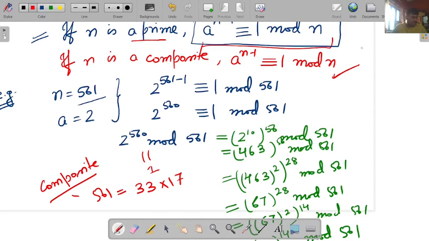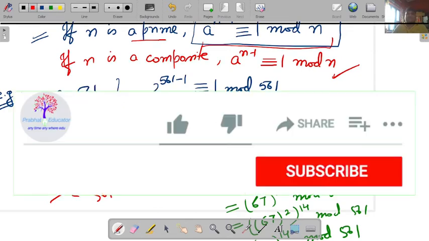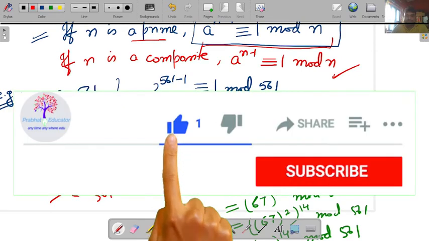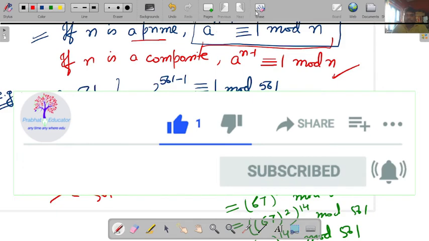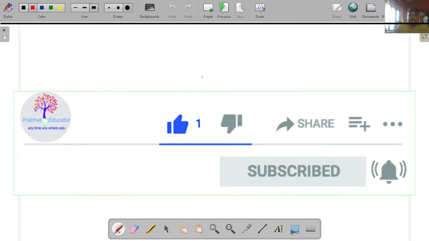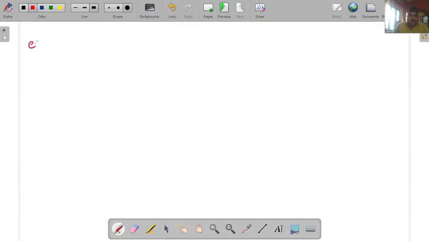Okay, let's take the next example. Move to the next page. Example number 2. In this example, we will take n equal to 19, a equal to 2.